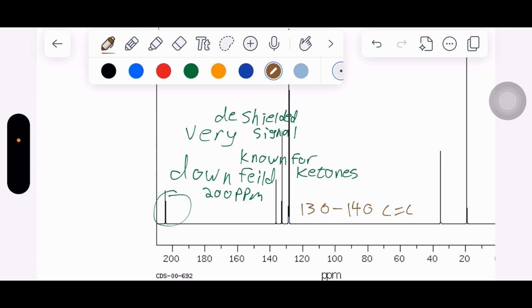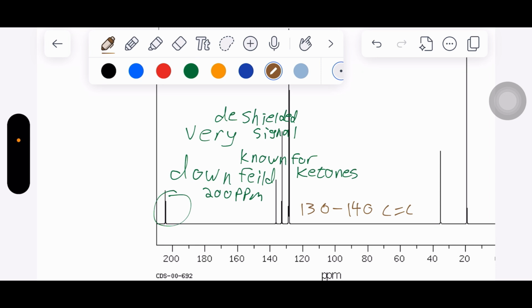I want to say the one that I focused on the most was 130 to 140, around there. There are other aromatic CH carbons between 125 through 145. These carbons appear in around the 125 to 145 range.